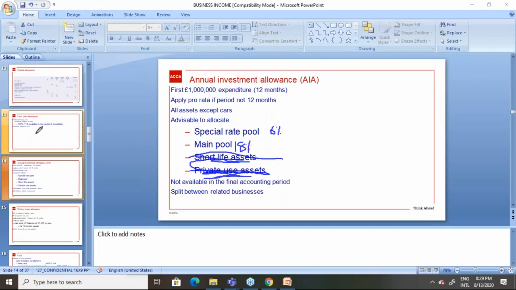Special rate pool items you can claim at 6%, only 6%. Therefore, when you have the opportunity of claiming annual investment allowance, always go for special rate pool items first. If that is not enough, then you can go to main pool. So that's a sequence that you need to maintain.